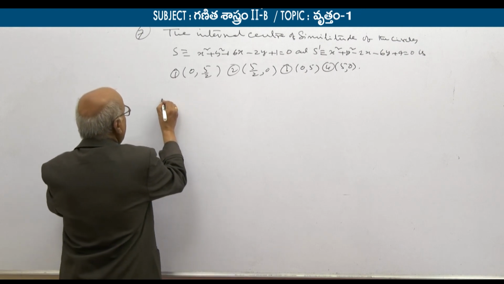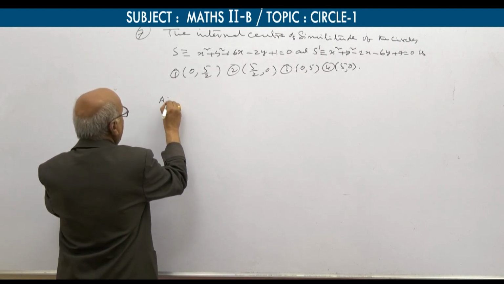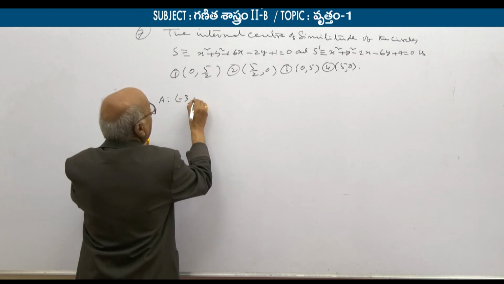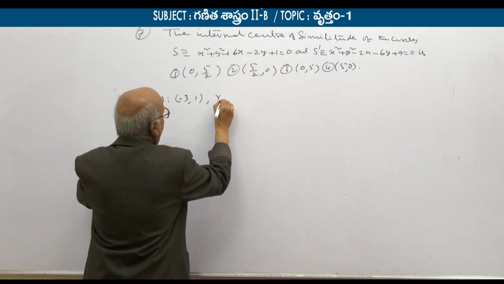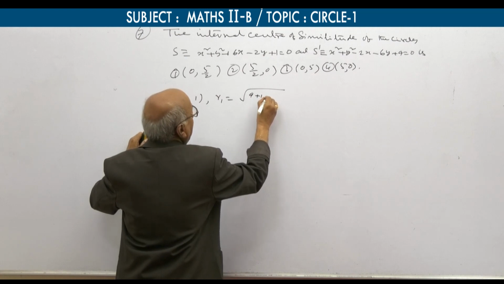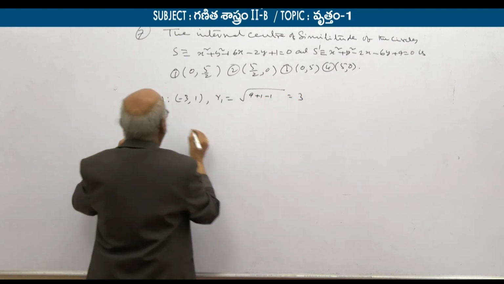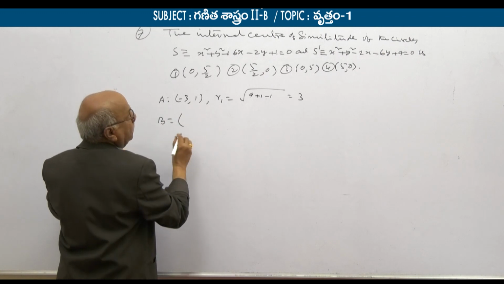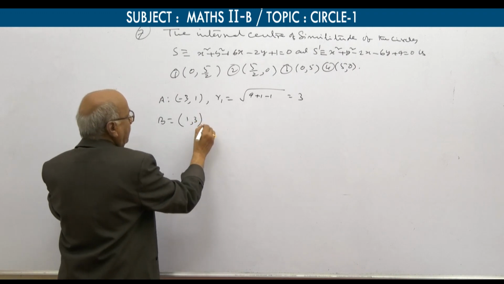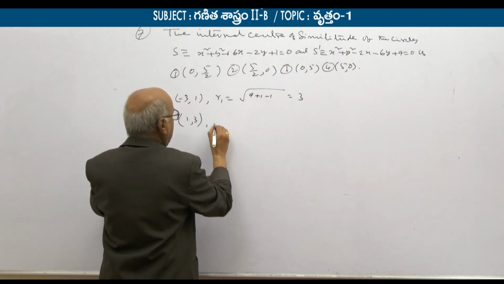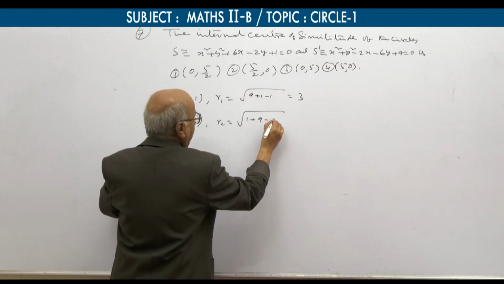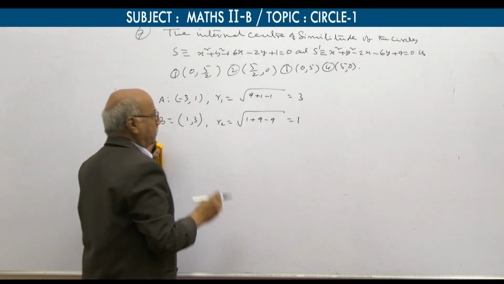Now you can see that A is equal to (minus 3, 1) and R1 is equal to square root of 9 plus 1 minus 1, which is equal to 3, and B is equal to (1, 3) and R2 is equal to square root of 1 plus 9 minus 9 is equal to 1.